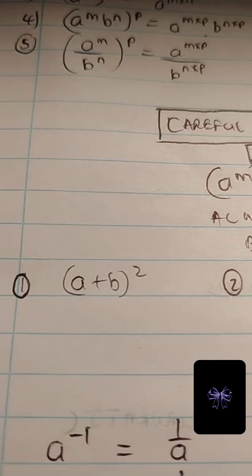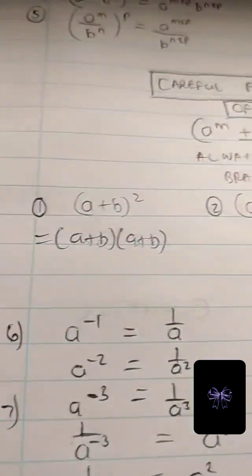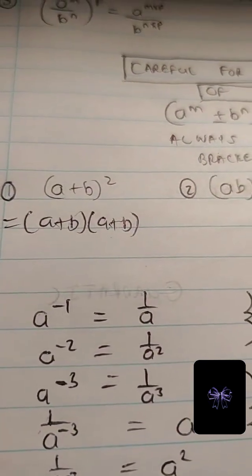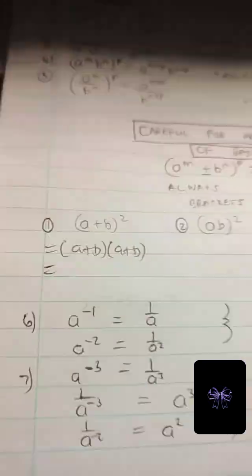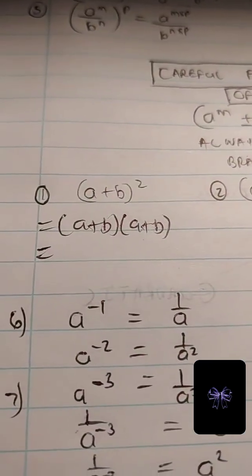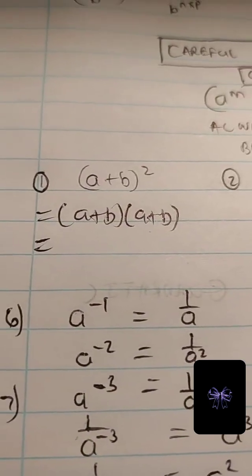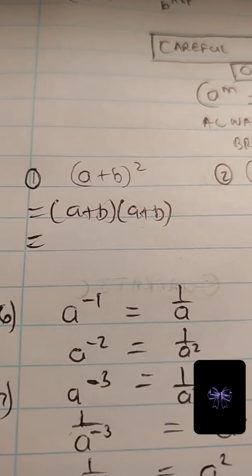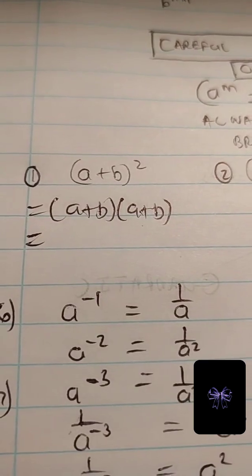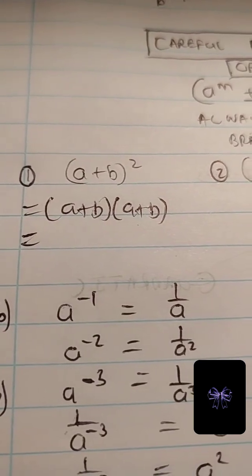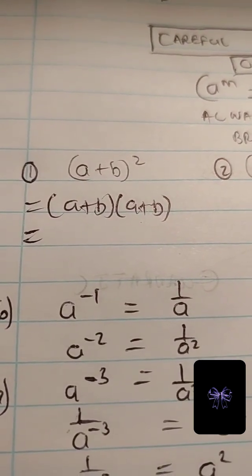We would rather write two brackets. Definitely two brackets, indeed. And then we distribute. So tell me, what would be the final answer? It will be a squared plus 2ab plus b squared.